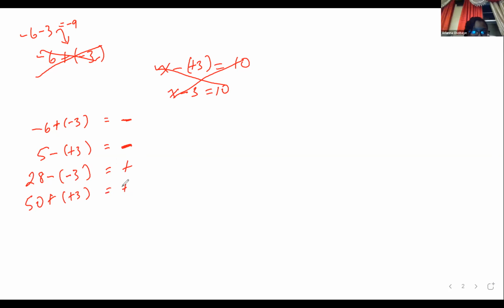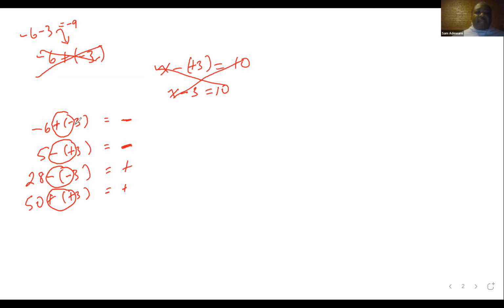Now, I'm not telling you that the answer is going to be negative, negative, positive, positive. All I'm saying is that when we look at these two signs between the numbers, we can cut it down to just one sign. And you know those rules that we just finished creating? We can then use those rules to help us solve the problem.